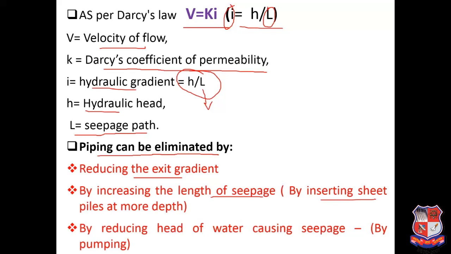By inserting the sheet piles at more depth, so that will increase your L and reduce your hydraulic gradient. And second option, by reducing the head of water which is responsible for causing seepage, so by pumping. If you are doing pumping, then you are reducing the hydraulic head of water, and that will result in reduction in hydraulic gradient. So this way you can avoid piping in case of cofferdam.